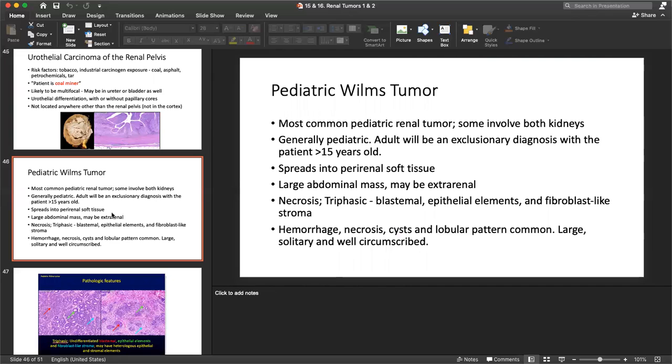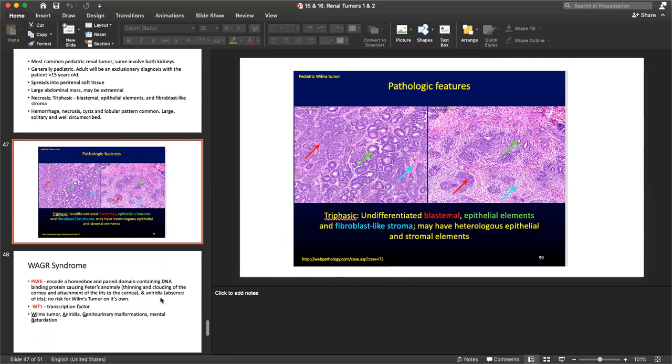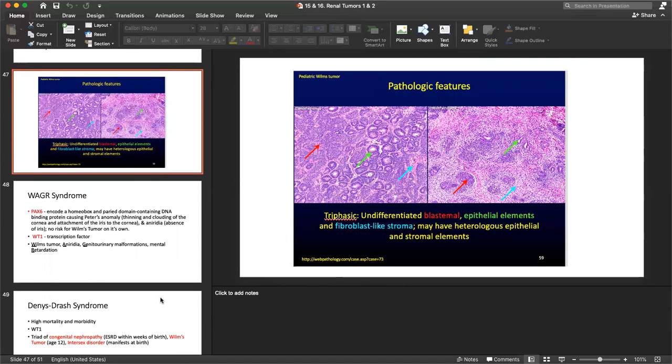Okay, Wilms tumor is going to be the most common pediatric renal tumor, and can involve both kidneys. It's usually pediatric, and it's going to spread into the soft tissue. Okay, so here are some tumors. There's epithelial elements, fibroblastic, and here's our blastemal.